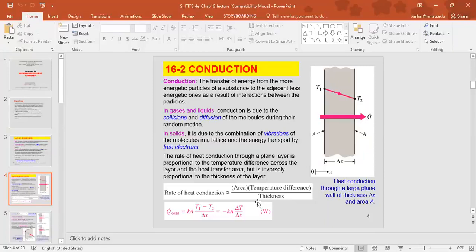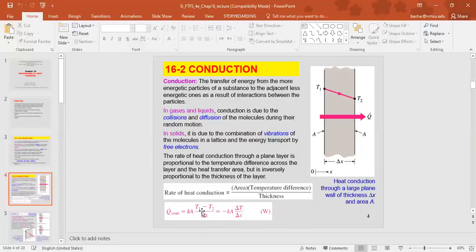That's if we are talking about a plane wall. Translating this into a formula, it would appear as this formula here. That proportionality is defined through this new parameter which is introduced here, the thermal conductivity, which is a thermophysical property of the substance.